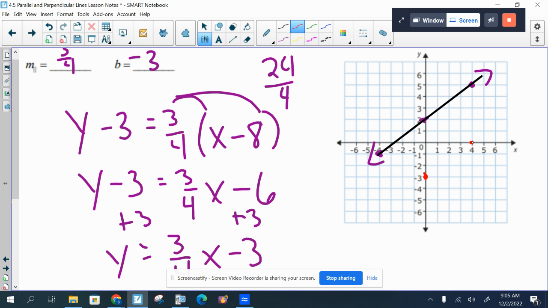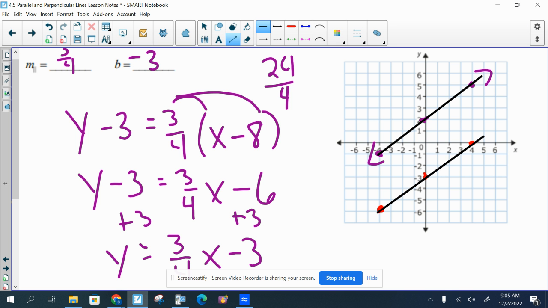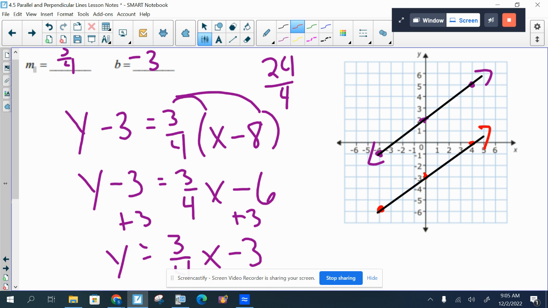So up 3/4, down 3/4. And if you drew your line long enough, it would cross through the point (8, 3). Any questions on that? Okay.